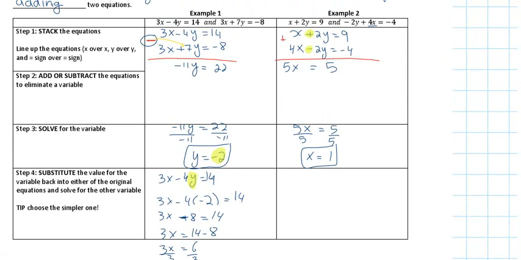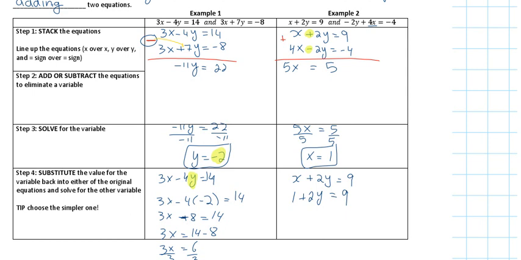Honestly, it doesn't matter which one you pick. It should give you the same answer. So if I have x plus 2y equals 9, I'm going to replace x with 1. So that's going to be 1 plus 2y equals 9. What do I do now?